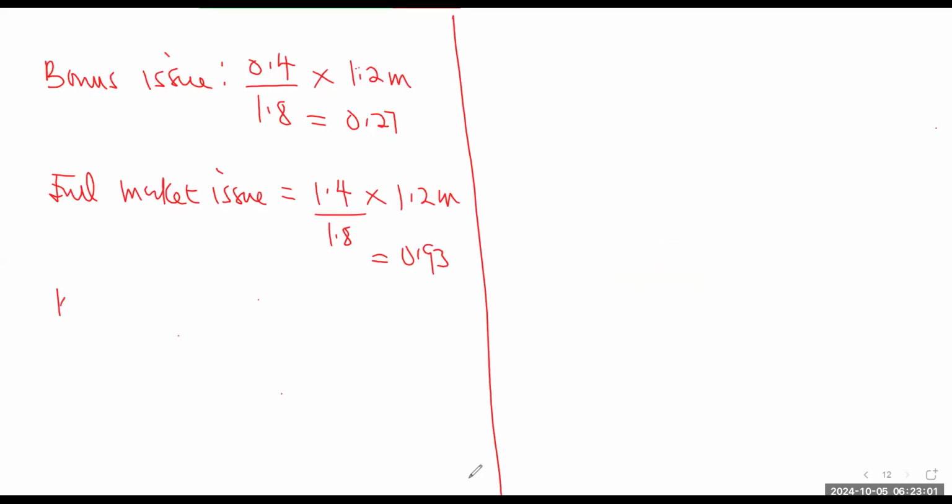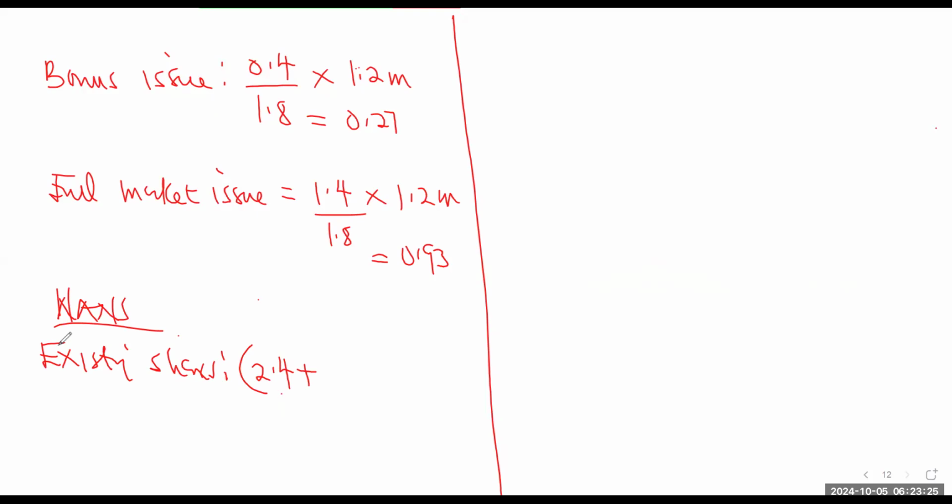So let's calculate our weighted average number of shares now. You can do your existing shares. The bonus issue is going to have an effect on that. So our existing shares will now be the 2.4 plus the bonus issue, which will be made on only the existing shares. The bonus issue will be made on what?